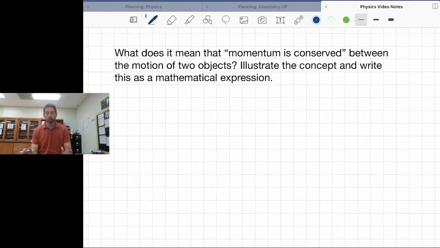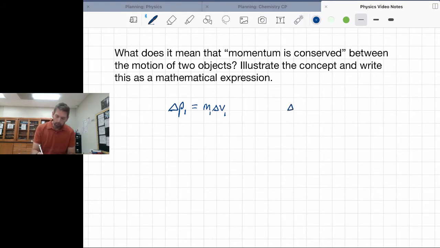So if we think about this, if we have two objects, that means object one has momentum. And we know that momentum is mass times velocity. So we technically could put a 1 here, and we could put a 1 here, just to denote that it's the mass of object 1 and it's the change in velocity of object 1, right?